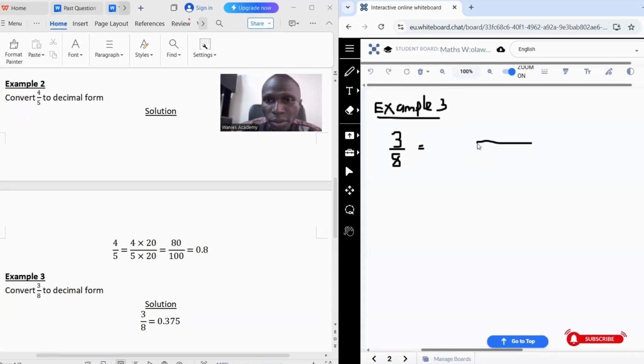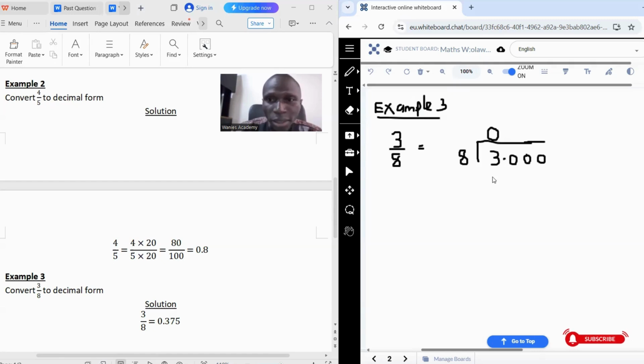We have 8, which we are using to divide 3. Now, if you look at it, 3 is not up to 8, so we can have 0 here at the top. Now, 3 divided by 8 is 0.